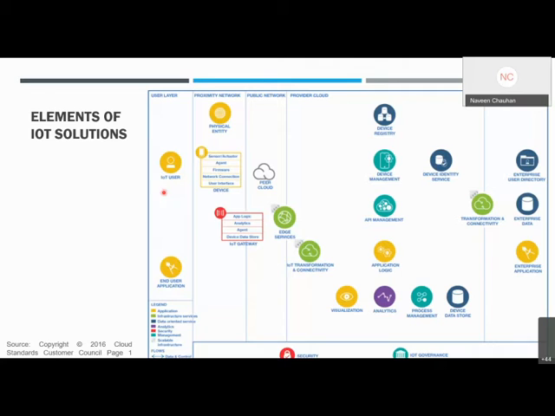So these are the elements of the IoT solutions, where we have IT users and end user application as a user layer. In the proximity network, we are talking about the physical entity where some devices are connected in terms of the sensors or the actuators or the agent or firmware network connection, and this is connected to the IoT gateway. So whatever we have seen as the architecture or the elements of the cloud IoT, this is the elaborative version of the same, where we have public network, that is the peer cloud, and provider cloud.